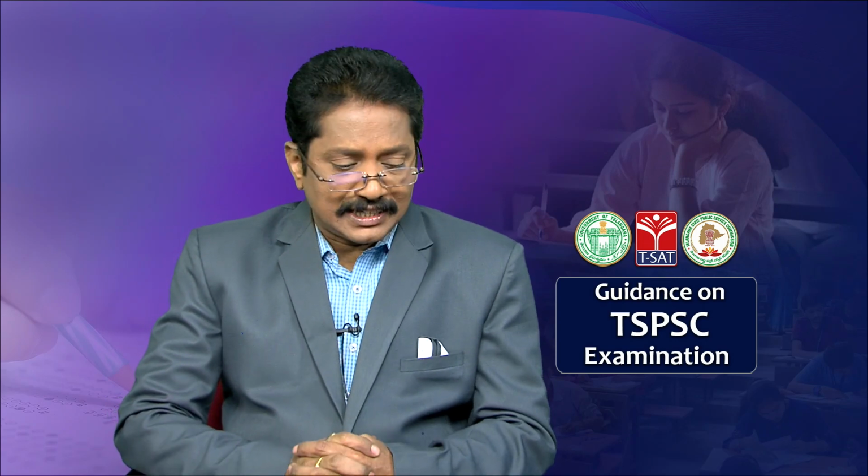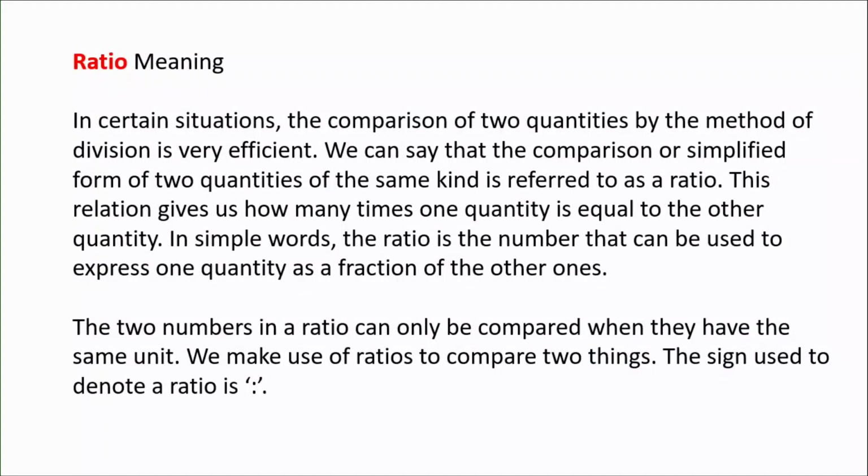Now in this session we are going to discuss ratios and proportions. What is a ratio? This is very important. In a certain situation, the comparison of 2 quantities by the method of division is very efficient.